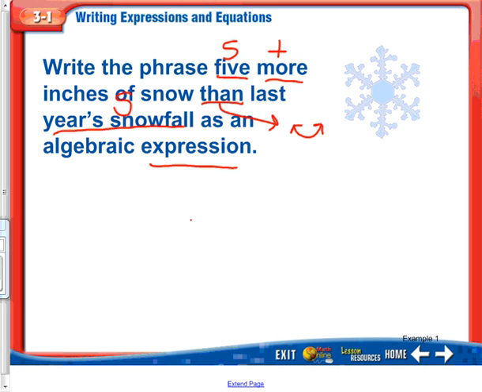So I know that I'm adding, and the word then tells me to switch the order. Well, in the sentence, 5 came first. Since I'm switching the order, I'm going to put 5 second. And S came at the end, so I'm going to put S at the beginning. So S plus 5 stands for 5 more than last year's snowfall.